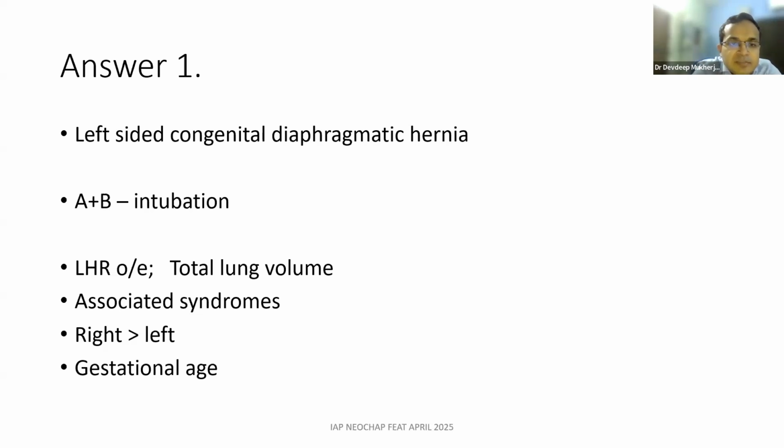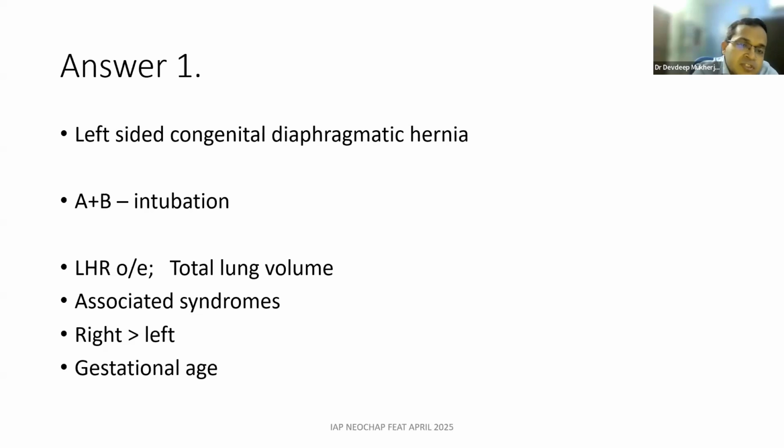The observed to expected lung head ratio and the total lung volume are essential antenatal prognostic indicators. You can get the observed to expected lung head ratio from ultrasound scans and the total lung volume from MRI scans before delivery. If there are associated syndromes along with the CDH, that's a bad prognosis.